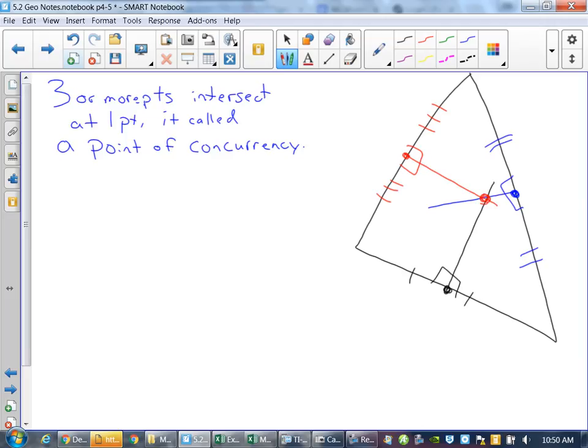With these points of concurrency, when we have perpendicular bisectors, the point of concurrency is called a circumcenter.